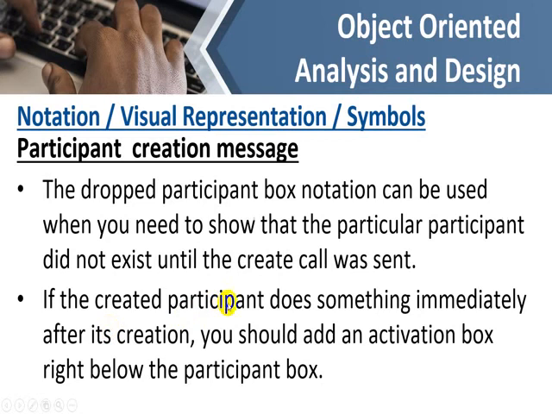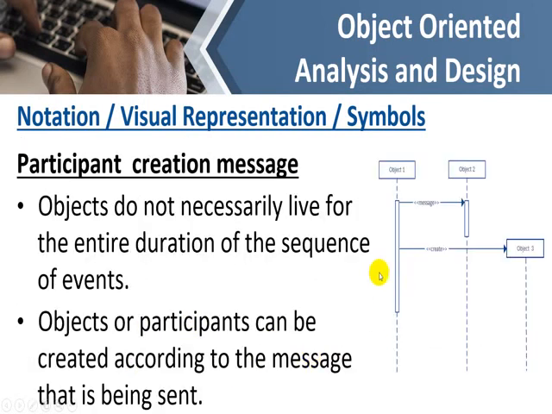If the created participant does something immediately after its creation, you should add an activation box right below the participant box. So if we think that it has been created and it has to do something, we will draw over here an activation bar like this bar and this bar. We will draw another bar that will describe that object 3 has been created and it is performing something, right?